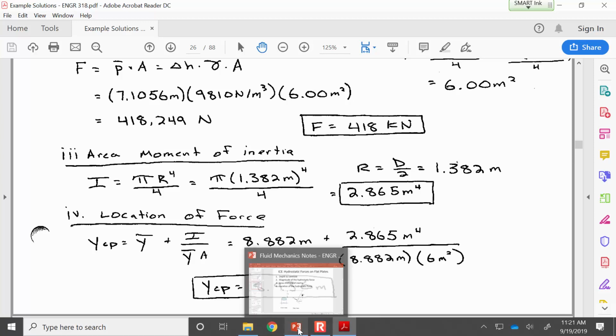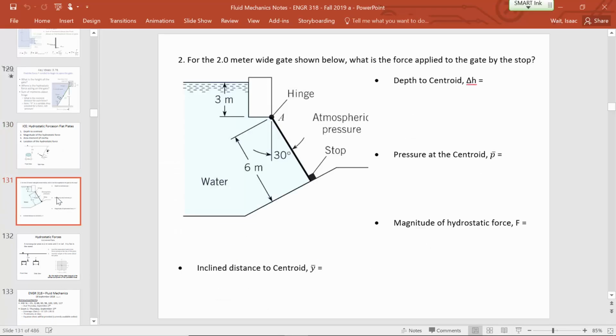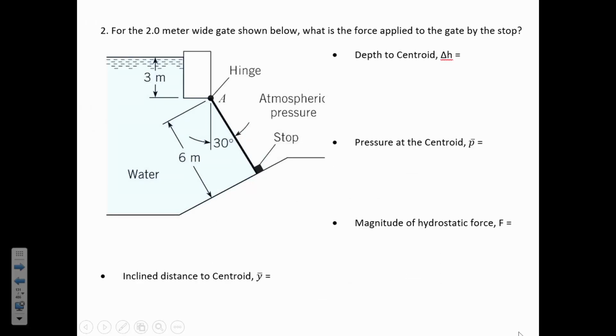Okay, the next problem, we have a gate that's holding back water. The gate width is 2 meters, so that's 2 meters into the page. The height of the gate is dimensioned to be 6 meters. And we want to find out what is the force applied to the gate by the stop.